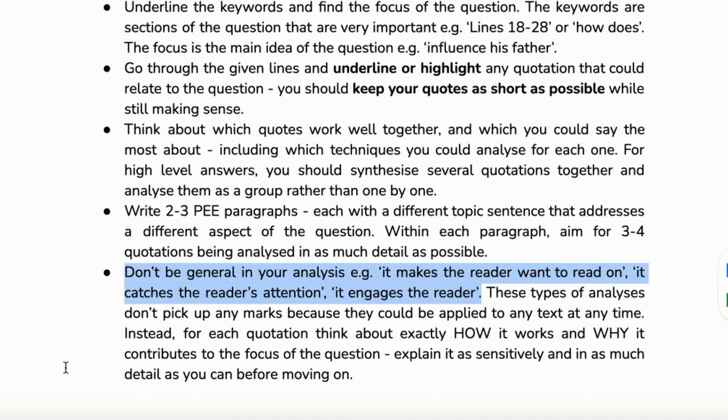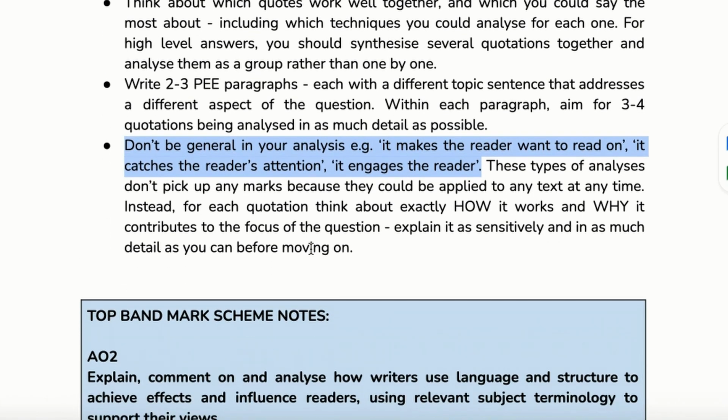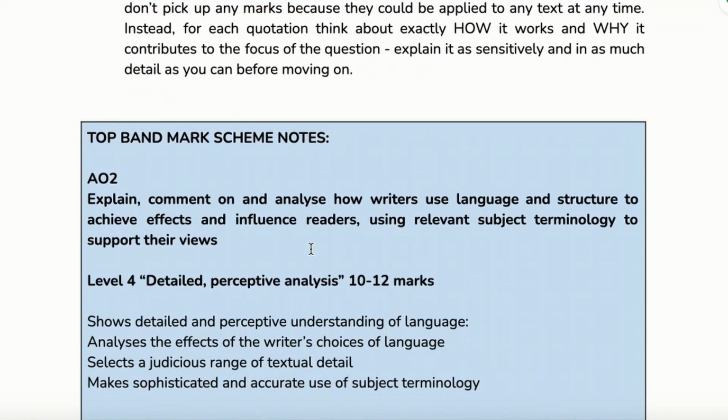A lot of people, when they struggle with this question, come to me and they don't know what they're doing wrong, and that is usually what they're doing wrong. So if you're doing that, you're not alone. It's a really normal thing. I think I used to do it as well at school because you don't always get told not to. But I'm telling you now, so you have no excuse. Especially catches attention, engages reader, wants to read on. Avoid those like the plague.